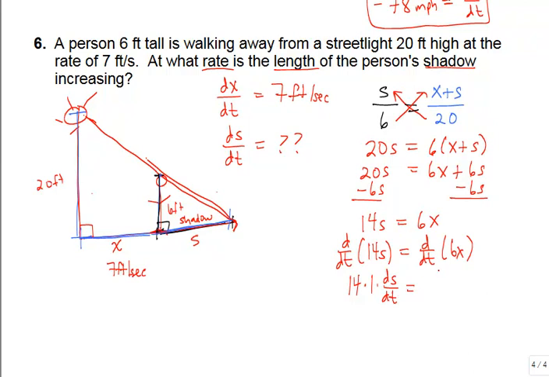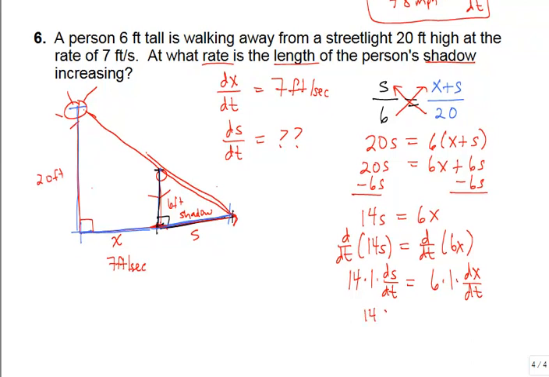On the right side, same thing. The 6 stays there. The derivative of x would normally go to 1, but we have to multiply that by dx dt. So we get 14 ds dt equals 6 dx dt, and now we're ready to plug in.